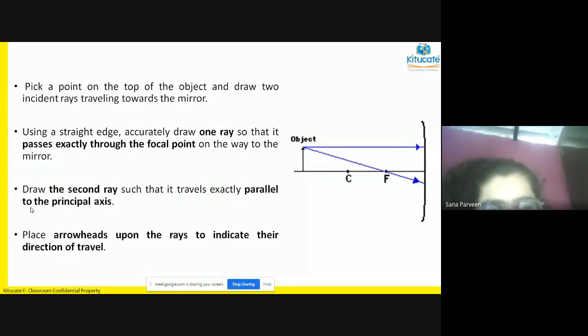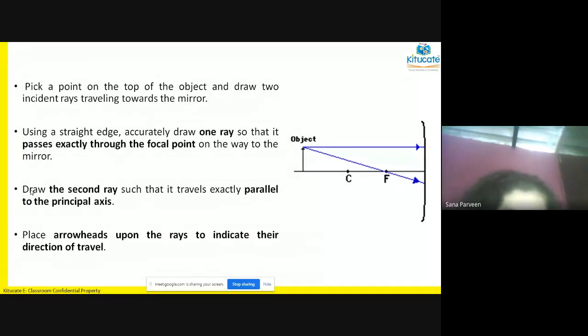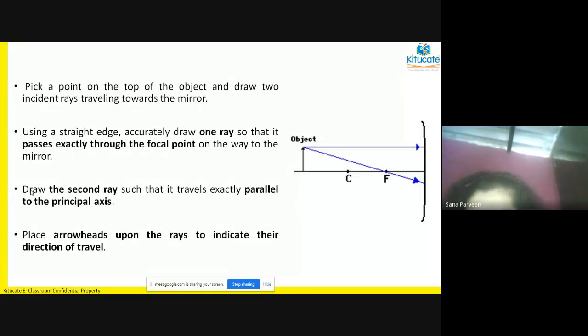Pick a point on the top of the object and draw two incident rays traveling towards the mirror. So you have to consider the object, the arrow, and we're considering two rays. Using a straight edge, accurately draw one ray so that it passes exactly through the focal point.